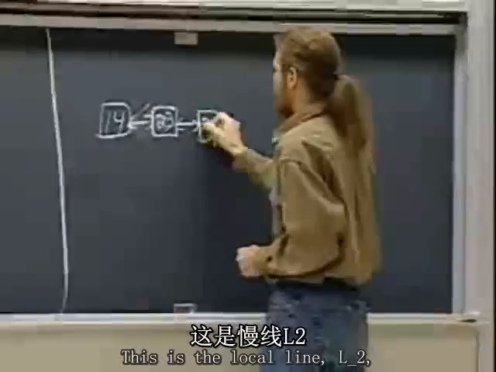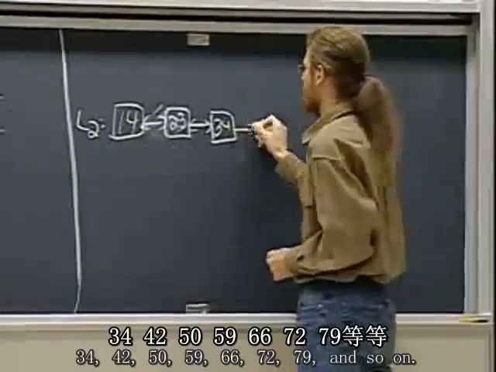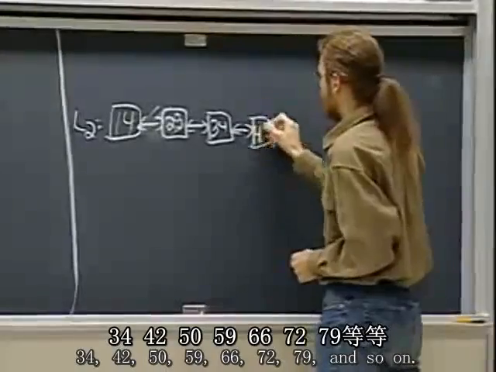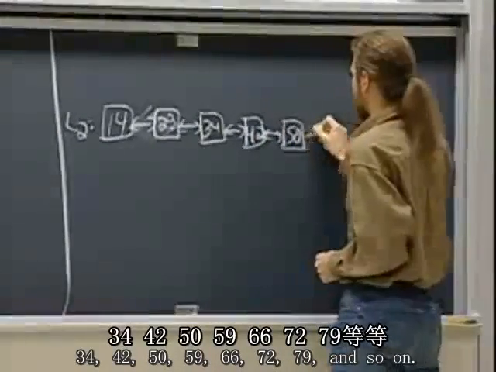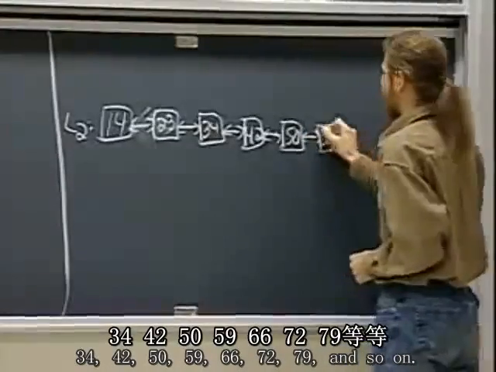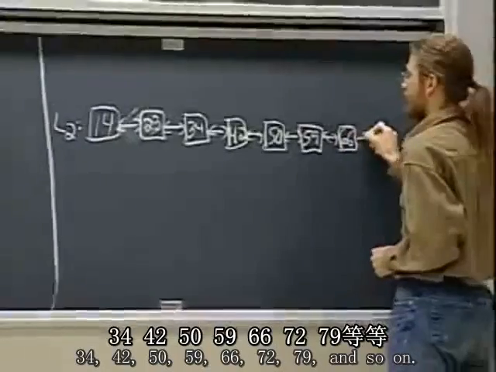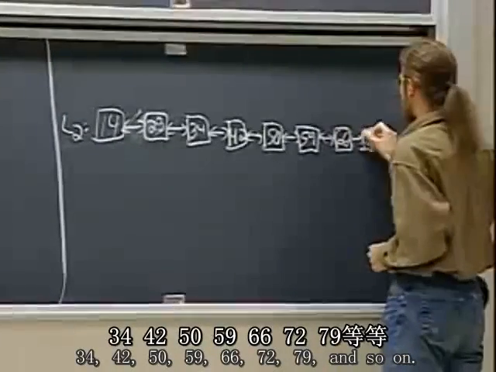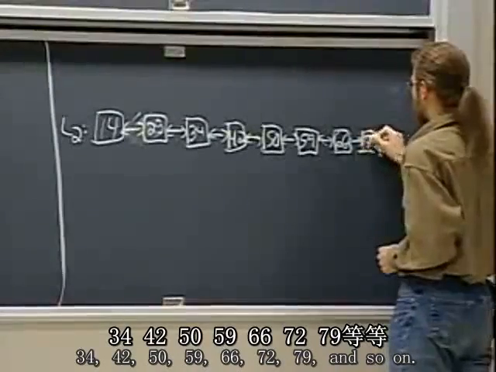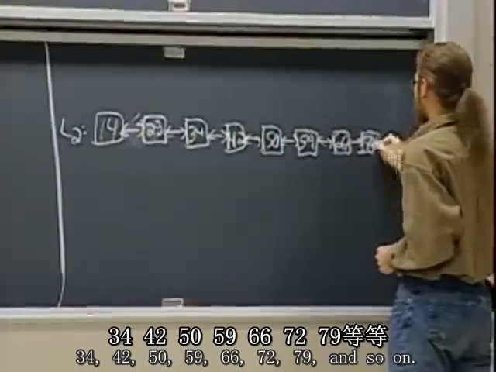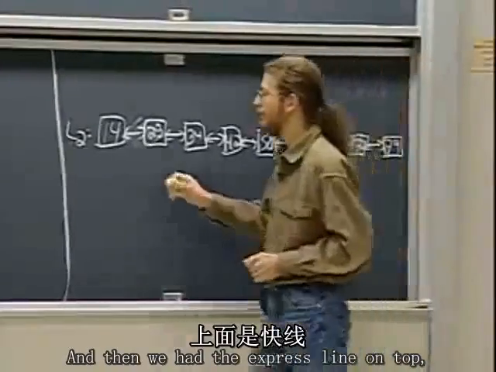This is the local line, L2: 34, 42, 50, 59, 66, 72, 79, and so on.